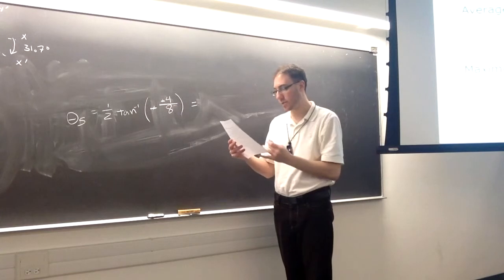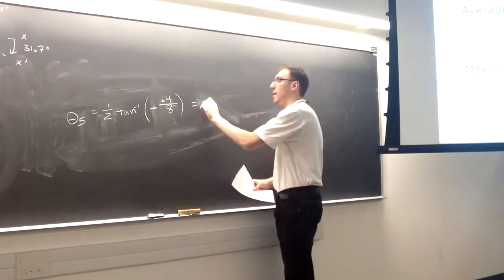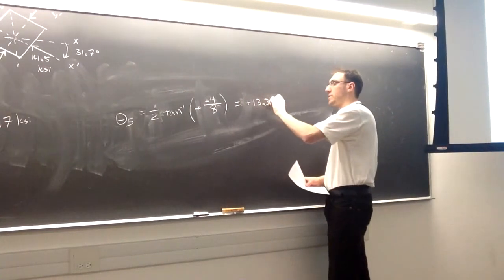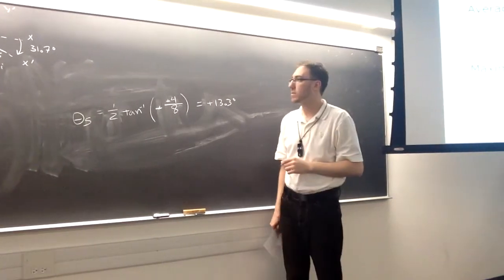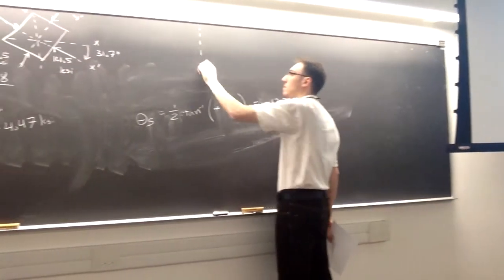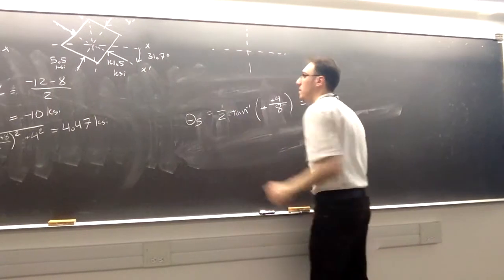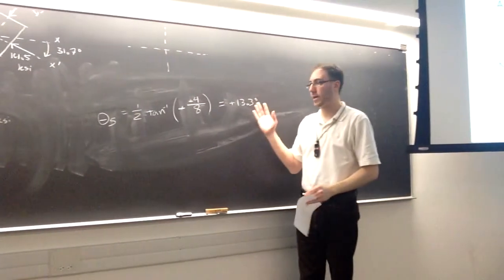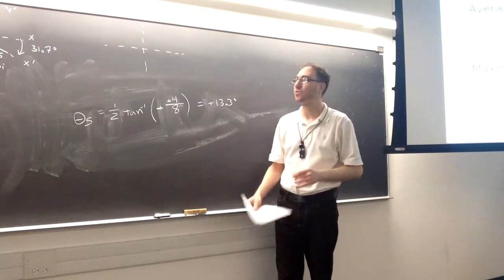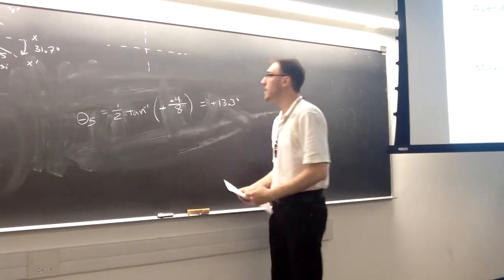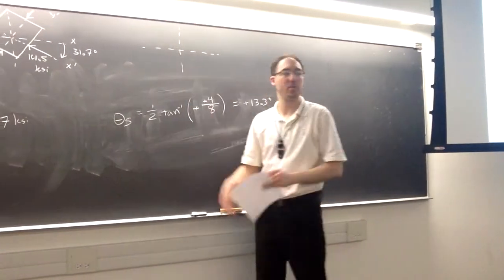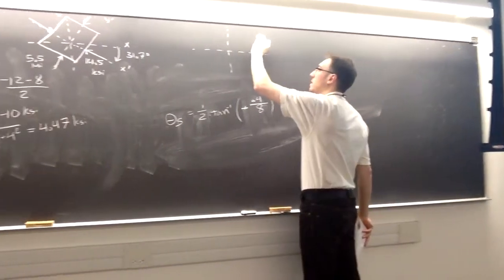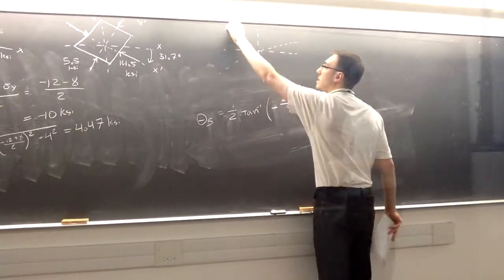I take the arctangent, and for this one, I get a positive 13.3 degrees. Again, it repeats every 90 degrees, which would also take me into that shear stress plane. So I am tipping now counterclockwise 13.3 degrees to get into this plane.